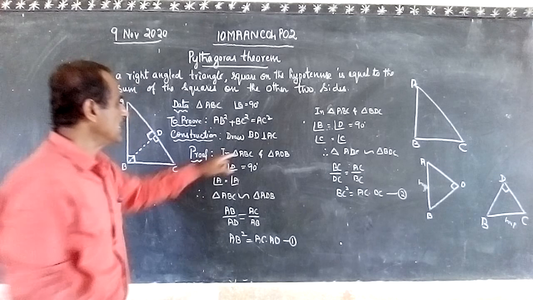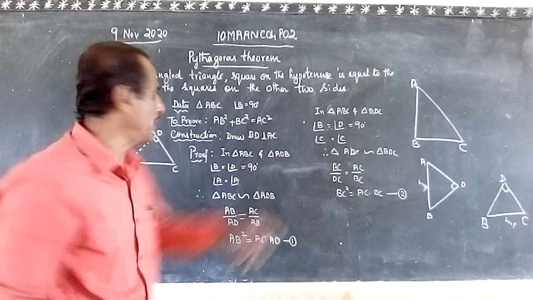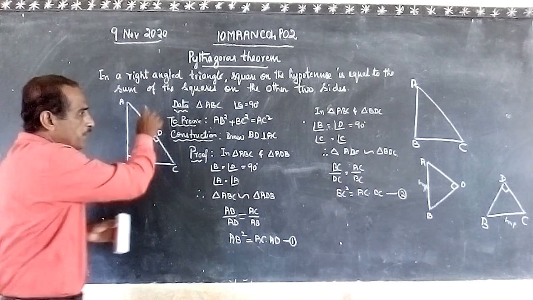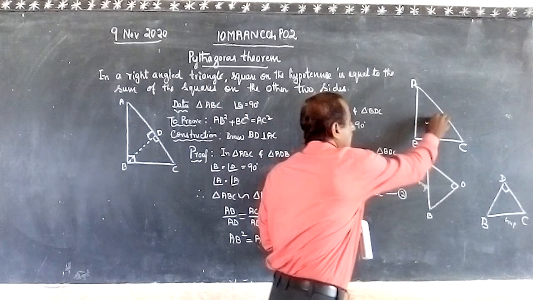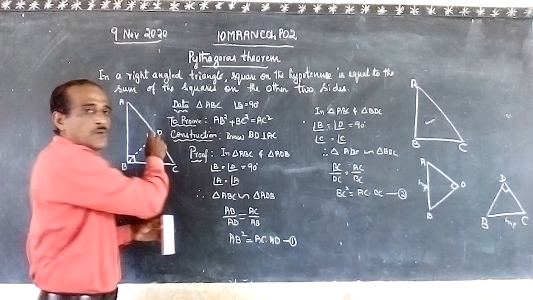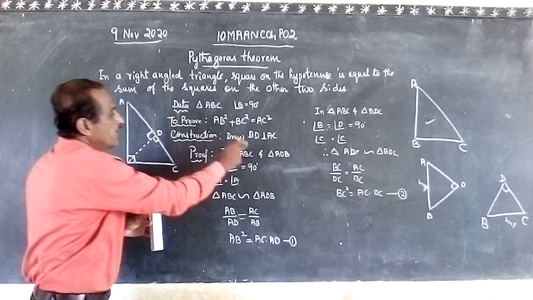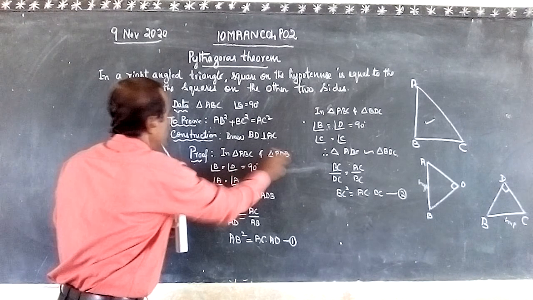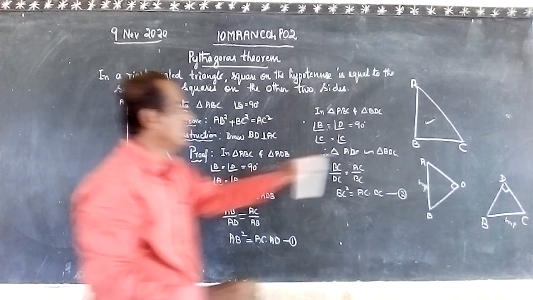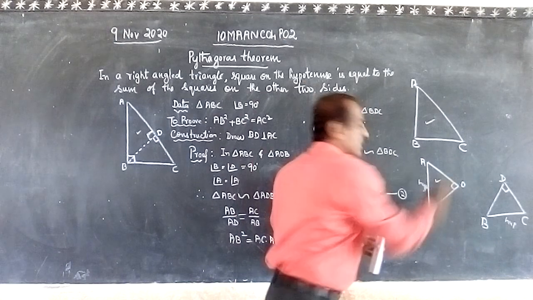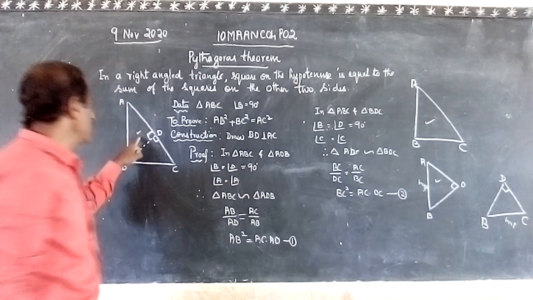See, in triangle ABC and ADB. In the bigger triangle ABC, and one of the smaller right angle triangles, ABD or ADB, let us consider these two triangles. I have drawn this triangle and this triangle. You have to compare parts of the triangle.